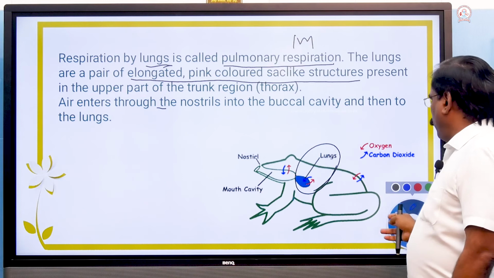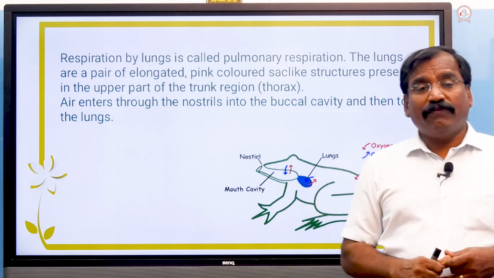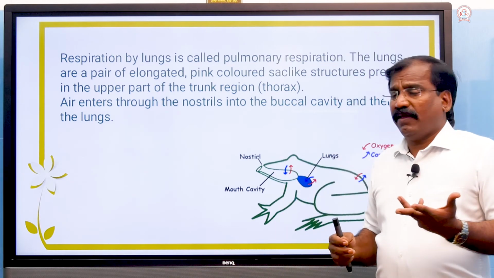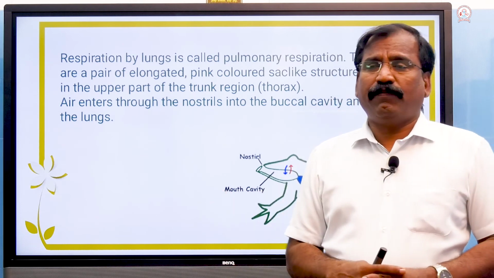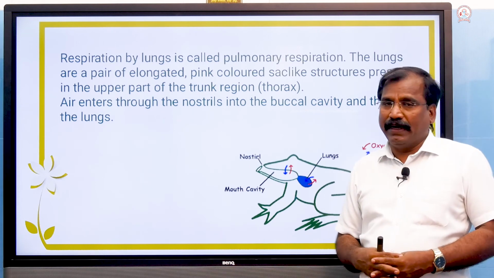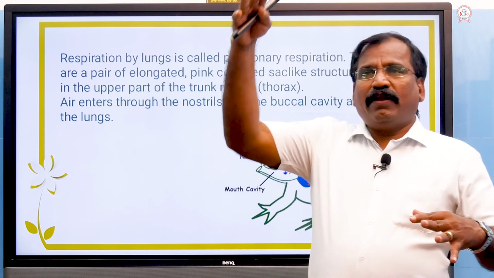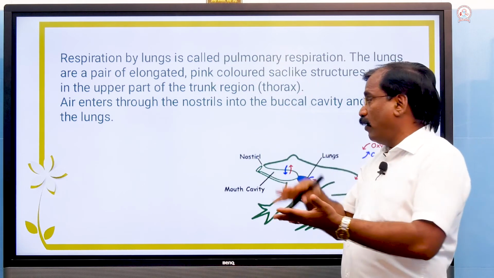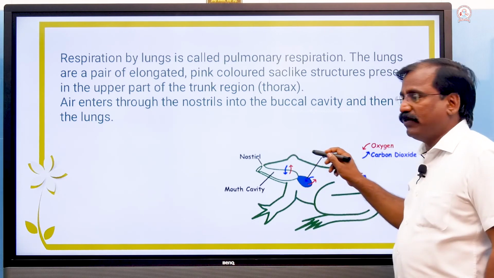So already you know that frog uses the skin when it is on land. So how? Usually generally if you see that frog, its skin is always moist, slimy in nature, always moist, ஈரமா இருக்கும். That is the oxygen which is present in the atmosphere, in the air, that dissolves in the moist surface of the skin.